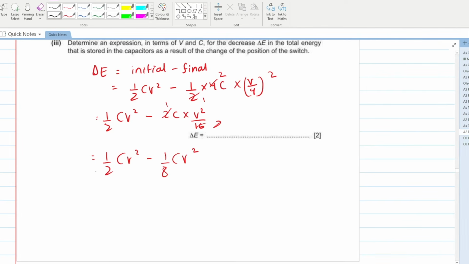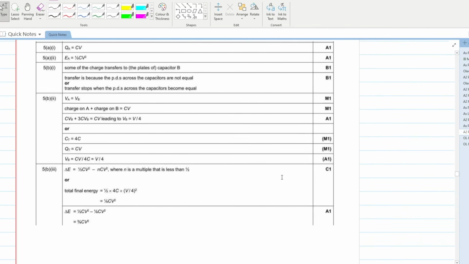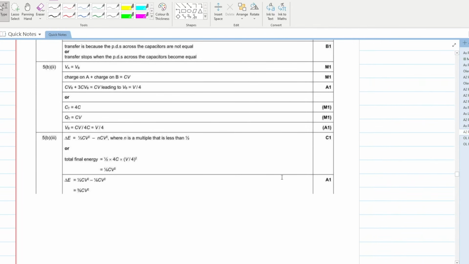Multiply this by 4 and multiply this by 4. तो 4 CV square minus CV square divided by 8. The answer comes out to be 3 upon 8 CV square is your decrease. Simple as that. Okay, this is the answer.